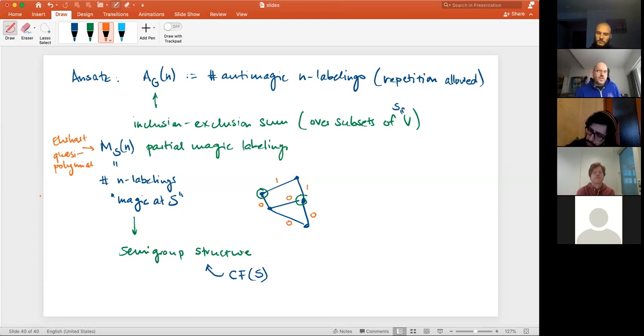This Ehrhart series comes from the semigroup, and understanding the semigroup means I have to understand these completely fundamental elements, and those are labelings of a graph. So now I can draw graph pictures. You can try to figure out what these look like.